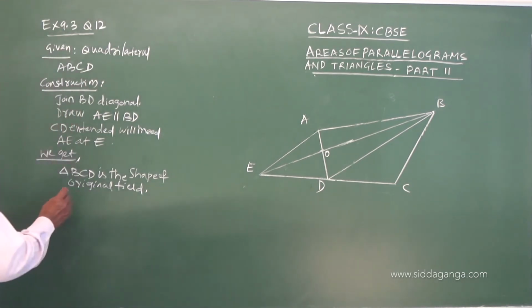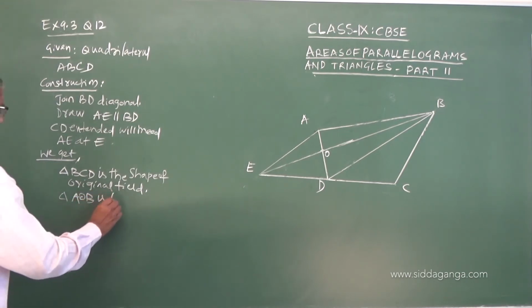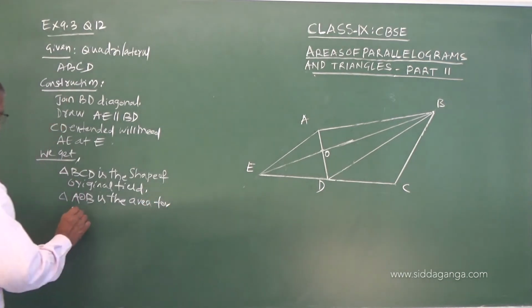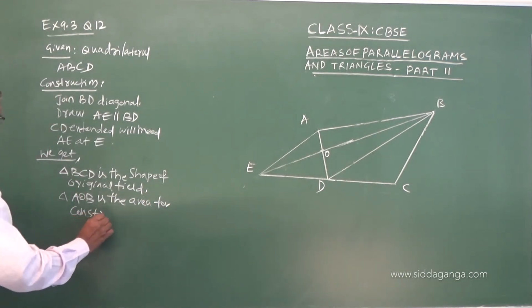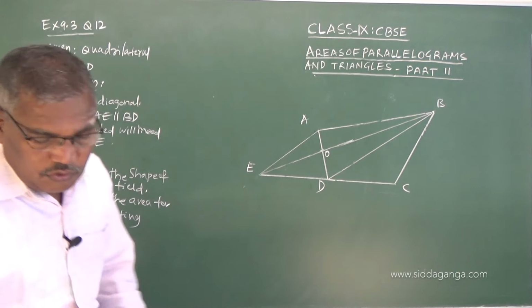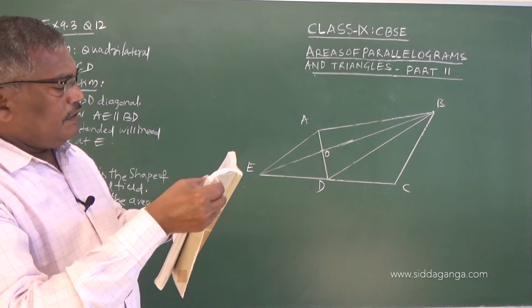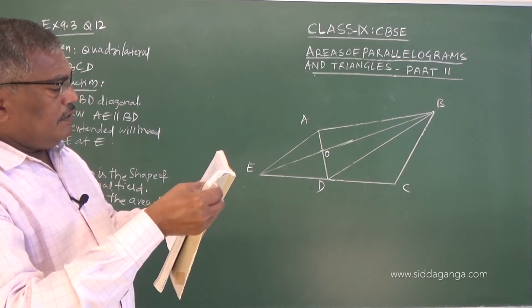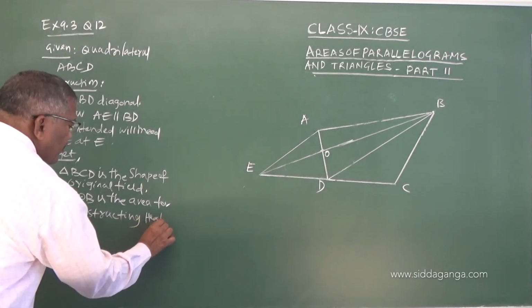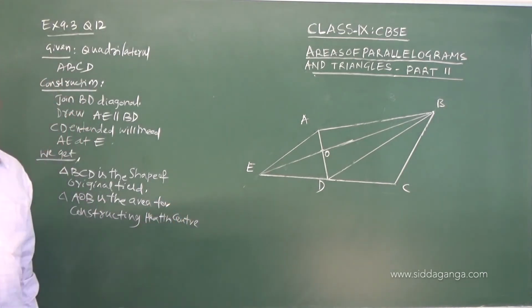Triangle AOB is the area for constructing, so what was asked, to construct a health center. How it comes, I will explain to you later.